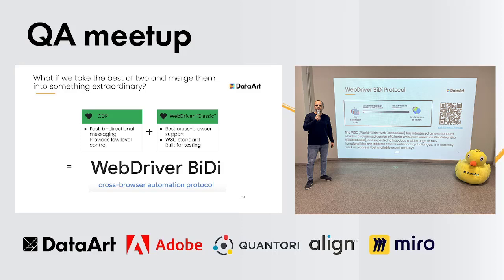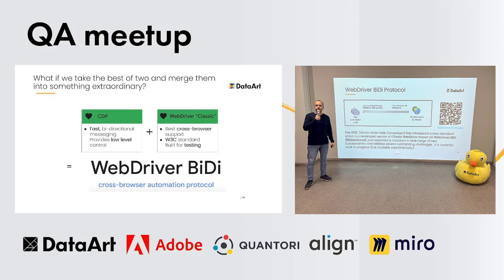So to achieve this, we need something that does not require WebDriver. Okay, so this is called WebDriver BiDi. This is a new protocol, a new standard. It is coming from the WebDriver from W3C. So any browser should implement this in the future, and this is a good thing.